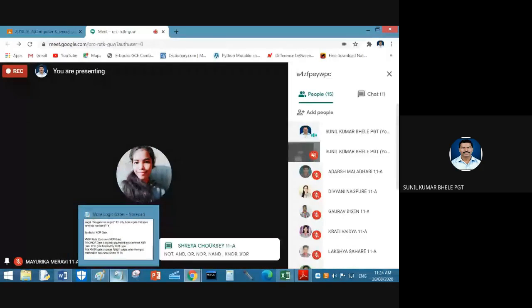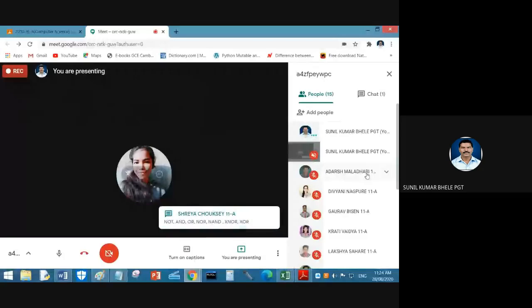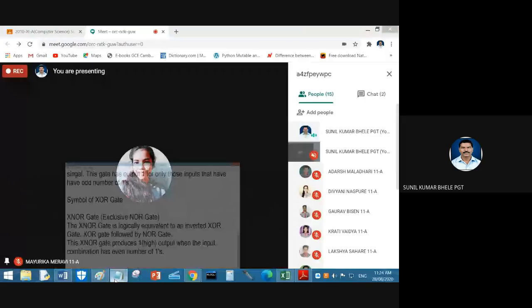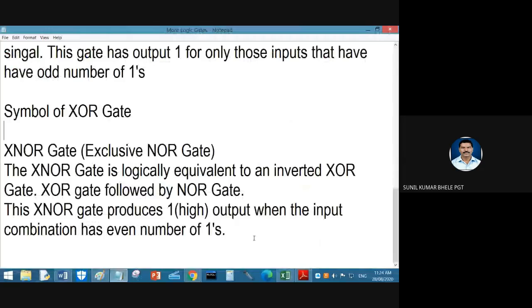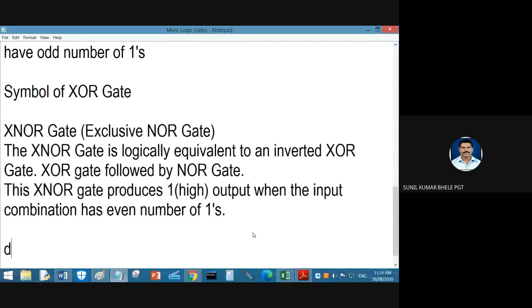Whoever I ask, that student has to show his or her notebook. So write down one question: draw a logic circuit diagram for the following Boolean expression.